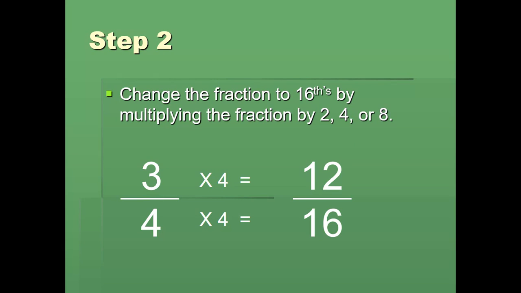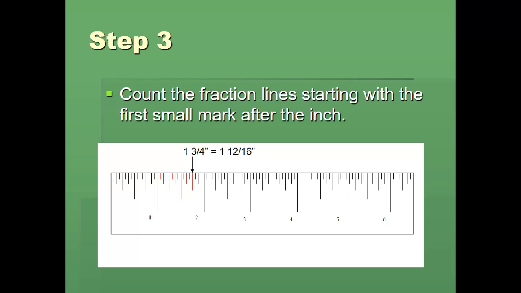So now we know that the next step is to find the actual measurement on the ruler. If we remember from the first step, we are going to be starting at the inch mark. We're going to start to count the first small mark after the inch line we're measuring from. If we do that, we count 12 lines over. We can't just count 3.